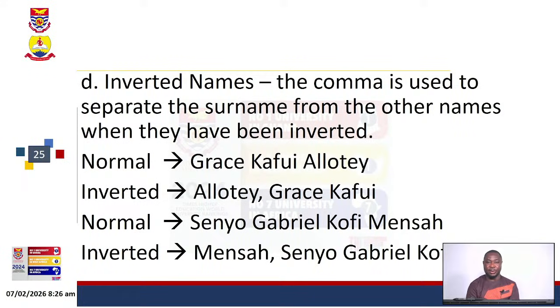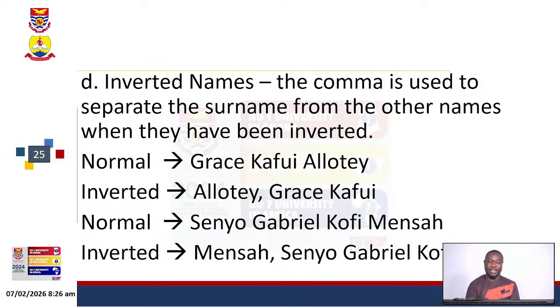That is the normal arrangement. When we invert it and we want your surname to come first, you need a comma to separate the surname from the rest of the names. So Alote, comma, Grace Kafui. You see that this is how the university lists your names.